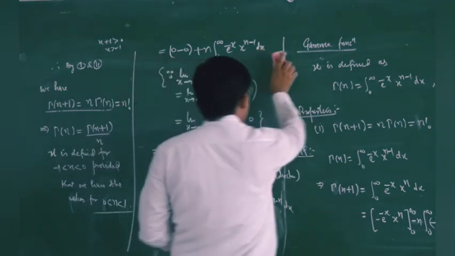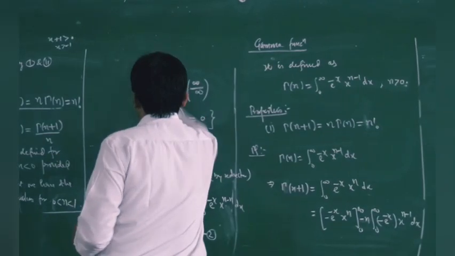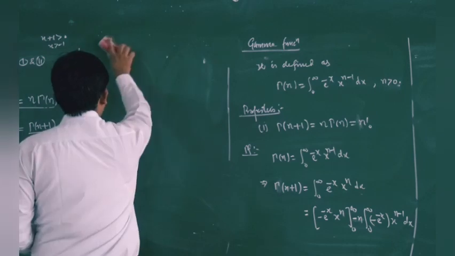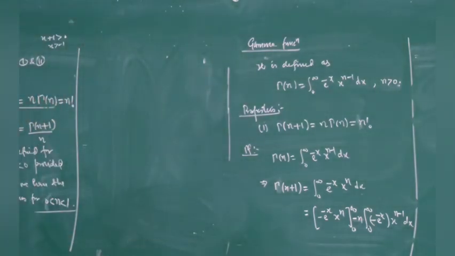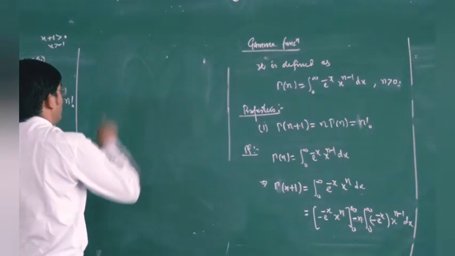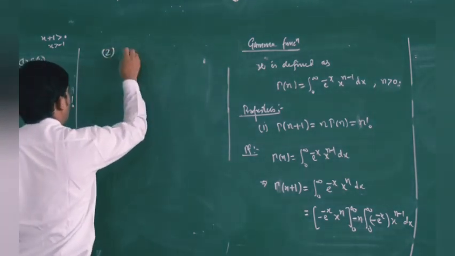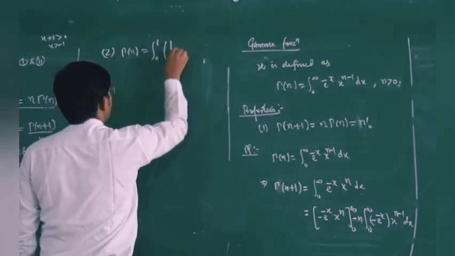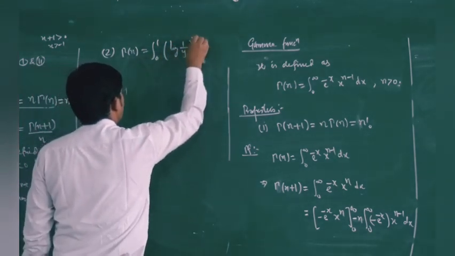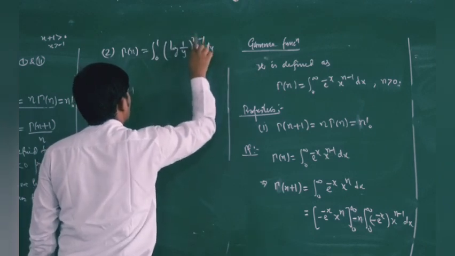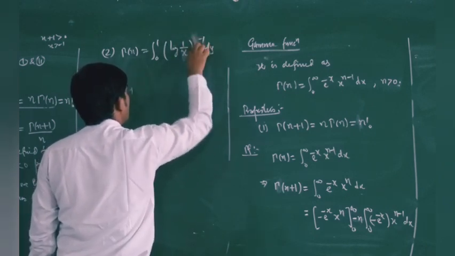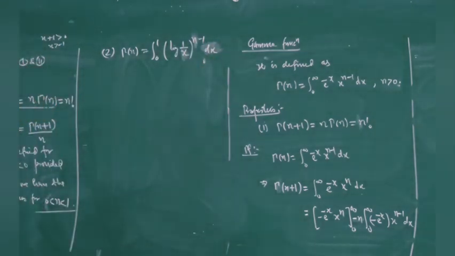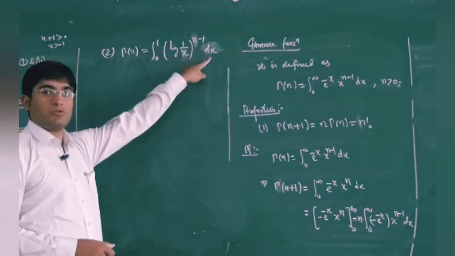Now before that, let us prove the property. Your gamma n is equal to integral 0 to 1 log 1 upon y whole power n minus 1 dy, or if you want to write it as x, then we have gamma n equal to integral 0 to 1 log 1 by x whole power n minus 1 into dx.